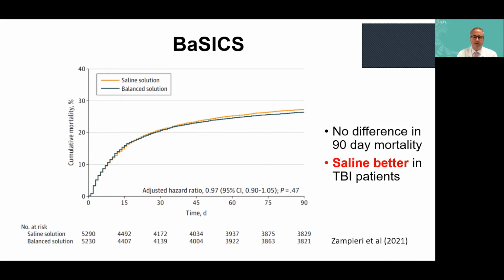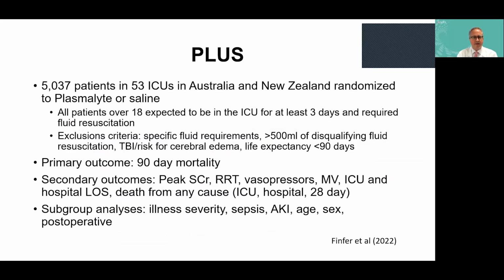But, and here's the first evidence that saline is actually better for some patients, traumatic brain injury patients did better when treated with saline than balanced solution, almost certainly driven not by the chloride concentration, but by the tonicity differences in these two crystalloid preparations. PLUS is a 5,000 patient trial published in the NEJM, as I said a few weeks ago, by Simon Finfer and his colleagues in 53 ICUs in Australia and New Zealand.